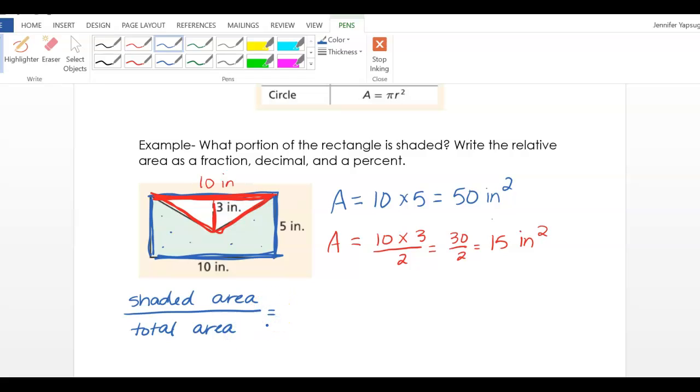So we subtract 50 minus 15, and put that over the total area, which we found was 50.